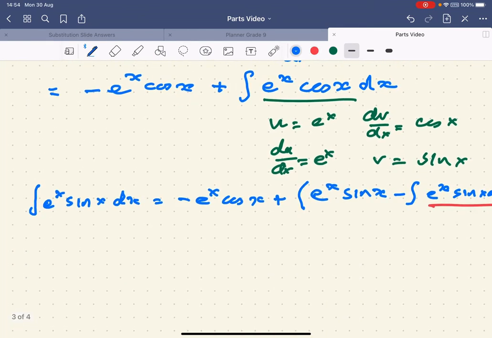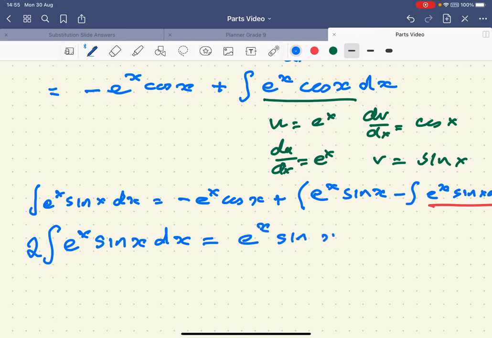So then we end up with two lots of the integral e to the x sine x dx on this side, and we're left with e to the x sine x minus e to the x cos x.